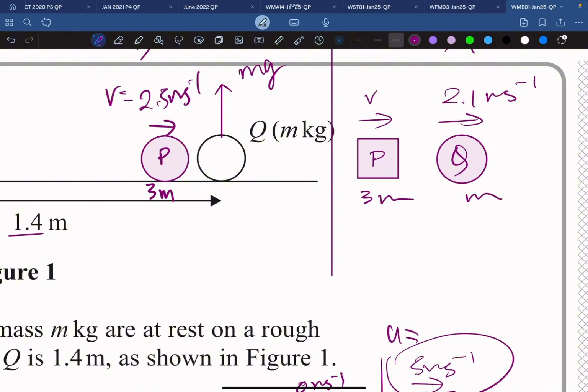Doesn't matter. Let's say in reality it did rebound, but while solving we took this direction as positive. Then when we solve for v, we would find a negative value, and that negative sign indicates the velocity is opposite to what we had assumed.